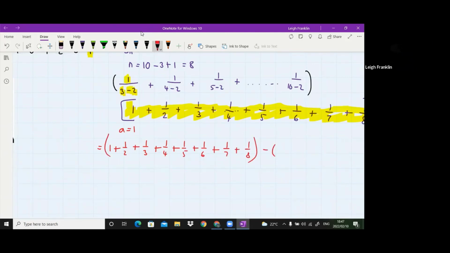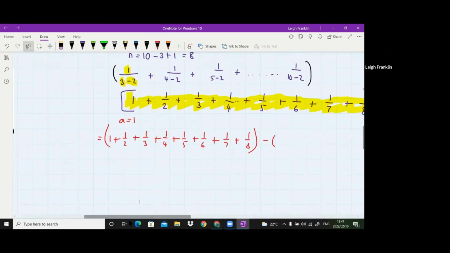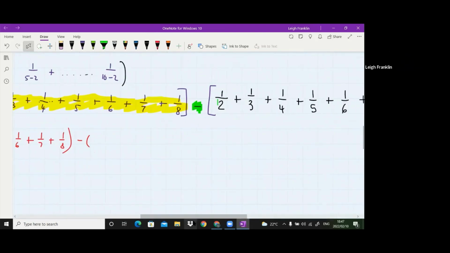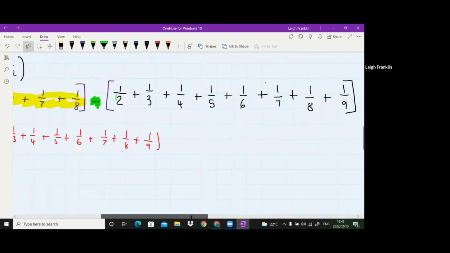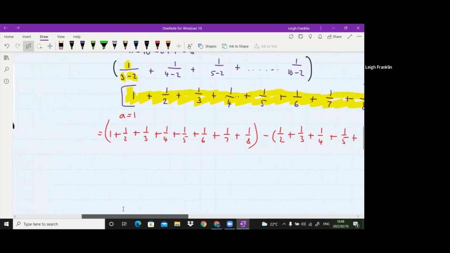And from that we are subtracting, starting here at a half plus a third plus a quarter plus a fifth plus a sixth plus a seventh plus an eighth plus, I think there was also a ninth in this case. Yes. Let's just get that into the middle of the screen.